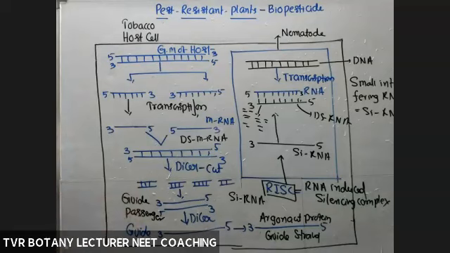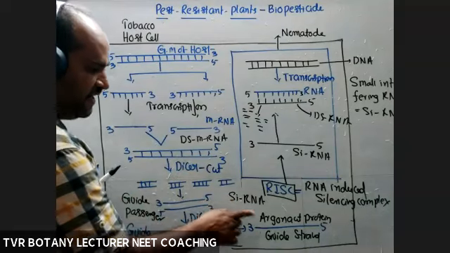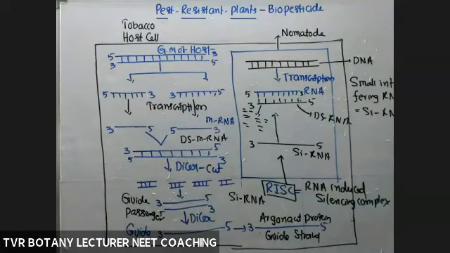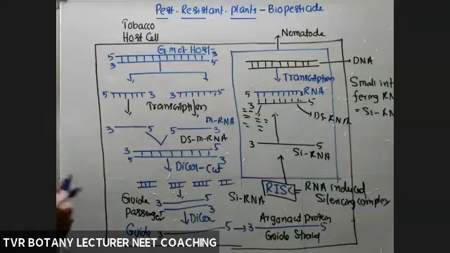So what are the new things here? Dicer protein, siRNA, argonaute protein, and RISC. What is RISC? RISC is a collective term for a complex. What is that complex?